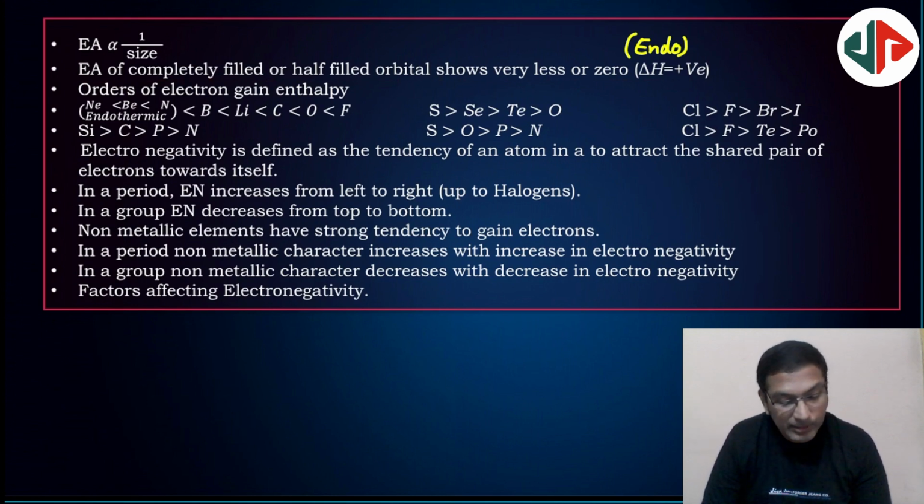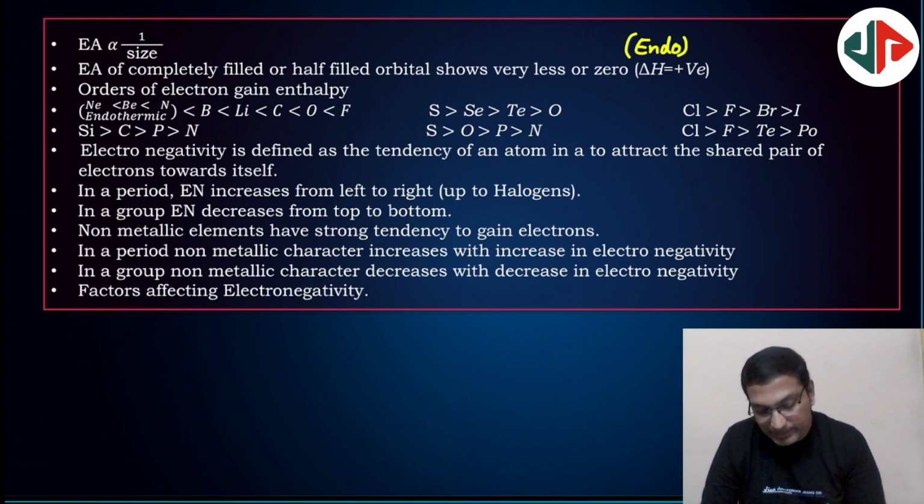So, different orders are given here for electron gain enthalpy. You have to remember these orders. In this, very important are the halogens, 7th A group, and the 6th A group. These two are very important. Repeating questions. 6th A group and here 7th A group.